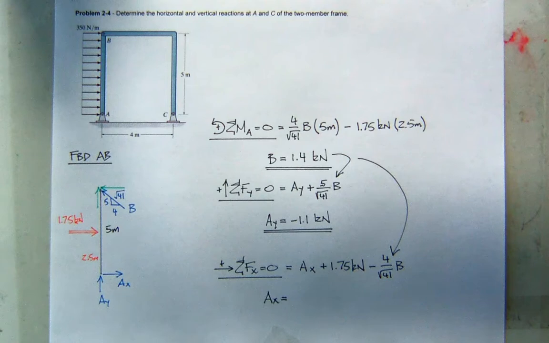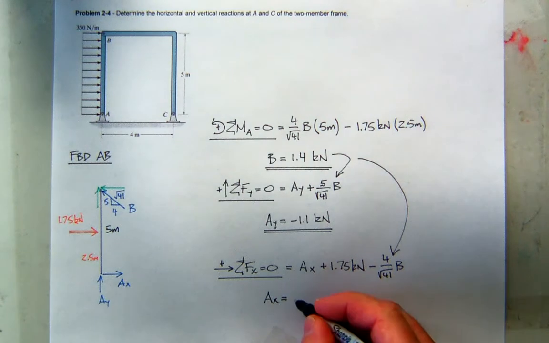Someone guess. 2.8. Positive or negative? Negative. Anybody else get 2.8? No. Oh, that's a great guess, but it's wrong. Negative 8.75? No, 0.875. Is that right? It will be negative.